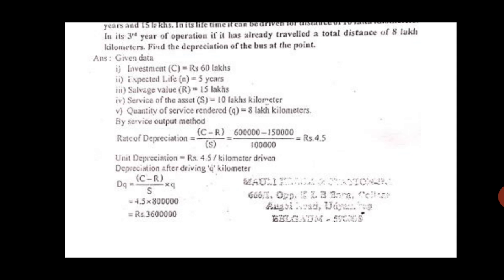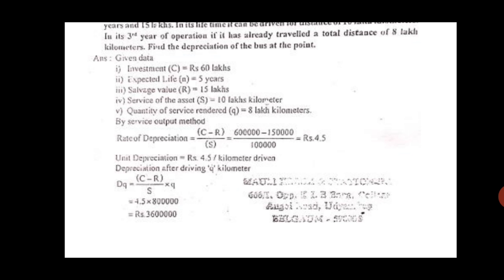So per kilometer, the depreciation is 4 rupees 50 paisa. So this is fixed. Now we are given that it has already traveled 8 lakh kilometers. So 4 rupees 50 paisa into 8 lakh kilometers becomes 36 lakh rupees. So the depreciation for 8 lakh kilometers is 36 lakh rupees.